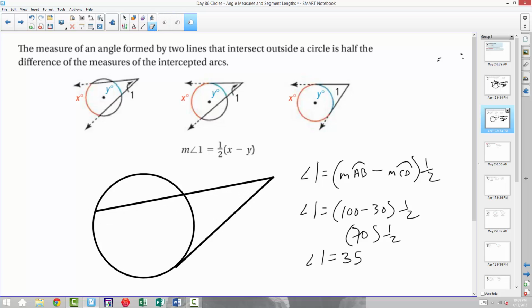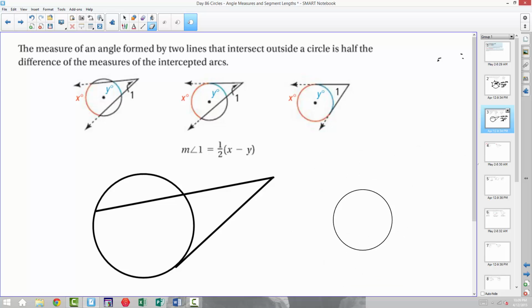So I can still find angle 1 on the outside. Here's A, B, C. So I can find angle 1 because it's on the outside if I take the difference of the two arc measures. I take the arc measure of AB, subtract it from the arc measure of CB.